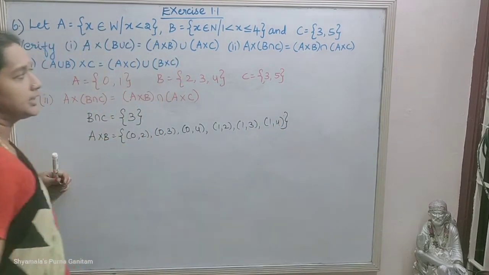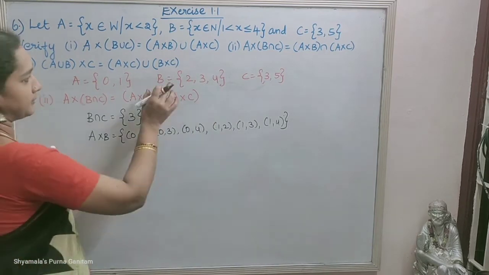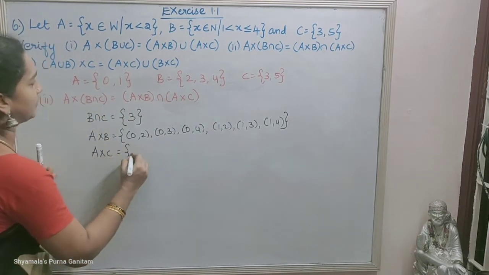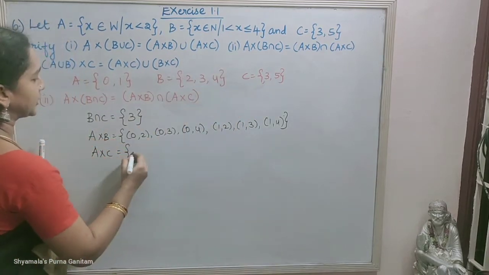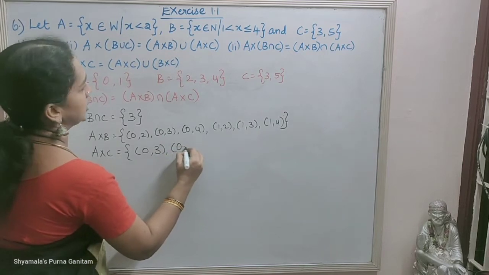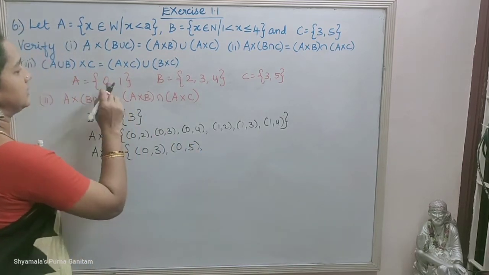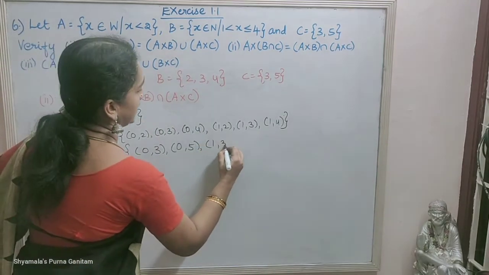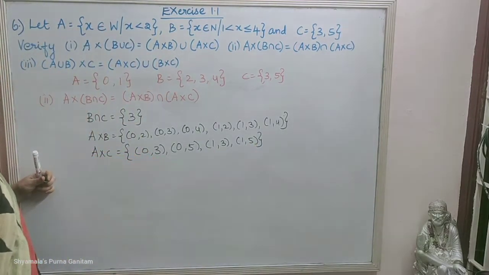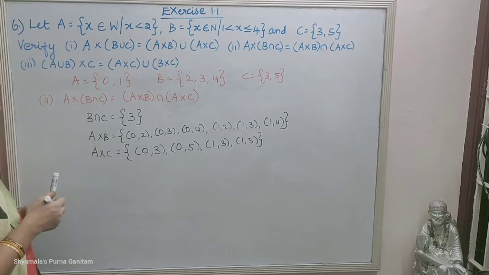Same way A cross C also we will find. A and C. So that is (0, 3), (0, 5), then (1, 3), (1, 5). Whatever we need, we got the values for this.